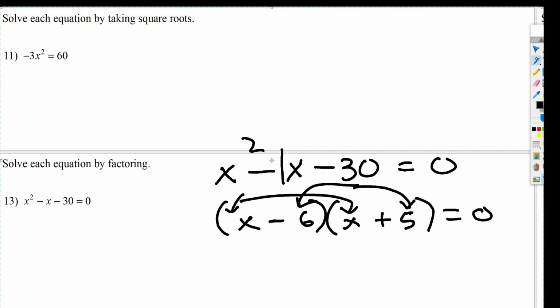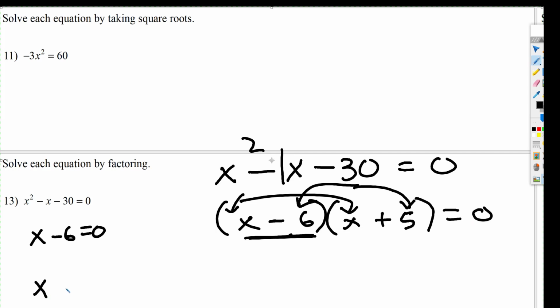So using the zero property, you could do this. The zero property says that a number times 0 is equal to 0, or 0 times a number is equal to 0. So what that means in terms of quadratics is if we let this whole thing right here equal 0, then this 0 times that entire parentheses will equal 0.